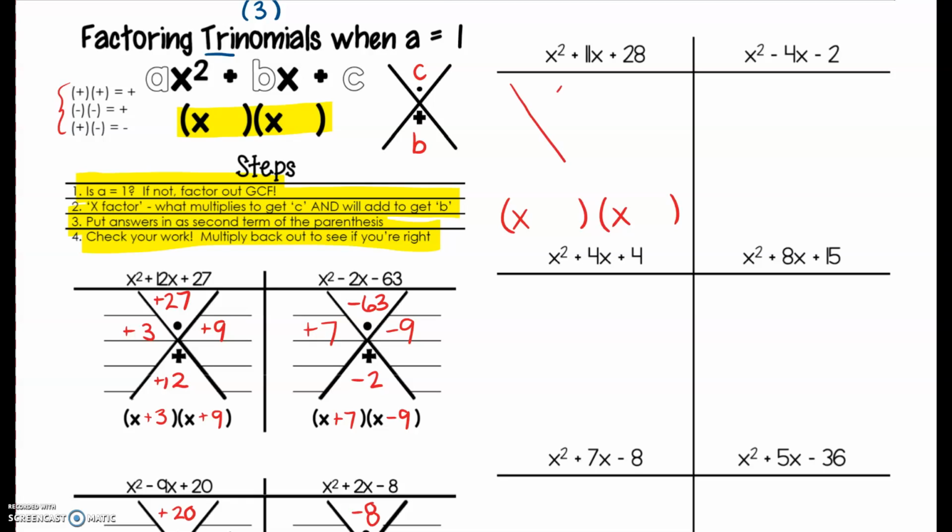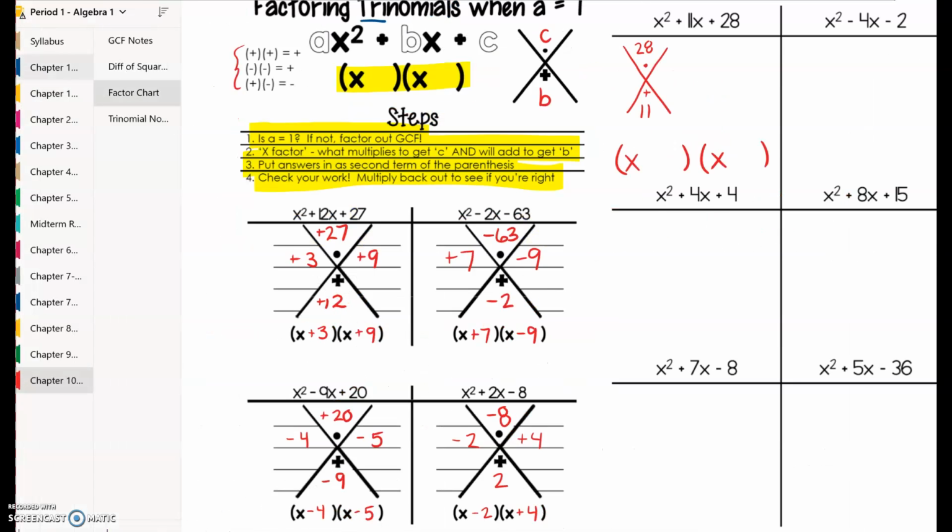All right, in this X chart, you can fill in your C at the top. You can fill in your B at the bottom. And you want to think about 2 numbers that multiply to give you 28 and add to give you 11. If you're not sure, again, use the chart that I have provided.